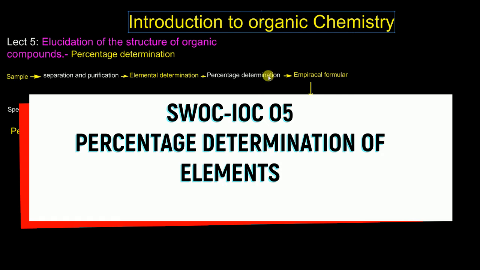In our previous video, we started with the sample preparation, and then the separation and the purification. Now we have talked about the identification. Now it is not enough. We have to find how much of the various elements are within the sample. Remember the sample we took, that is alcohol.